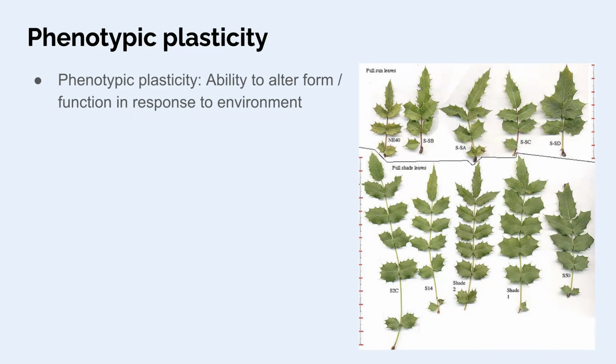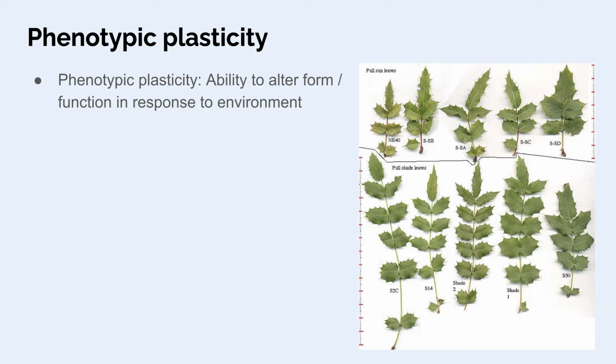And a lot of times we talk about this in more of an adaptive fashion. So it's not necessarily always making a form of plant that benefits you, but having the ability in your toolbox to change how you grow depending on the environment. So if the same species finds itself in sun or shade, it can grow leaves accordingly that are better suited to shade or sun.